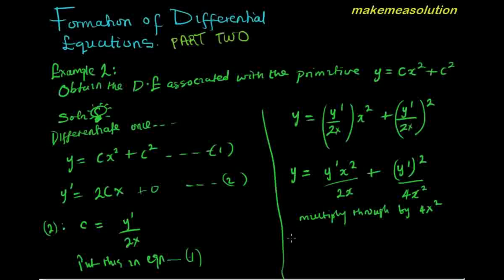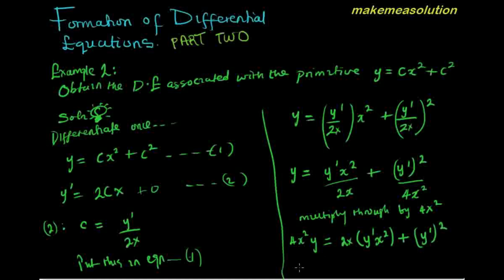So we are going to get 4x squared y is equal to, when you multiply this one by 4x squared, you're going to get 2x y prime x squared, then plus y prime all squared.